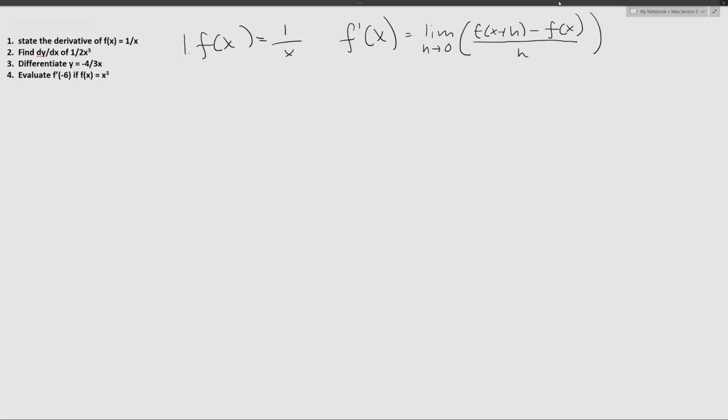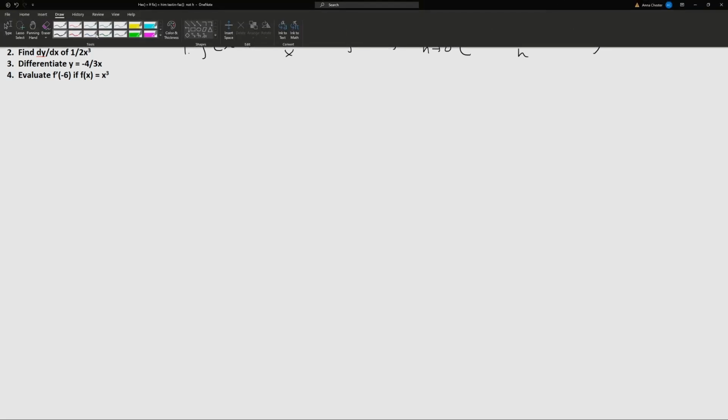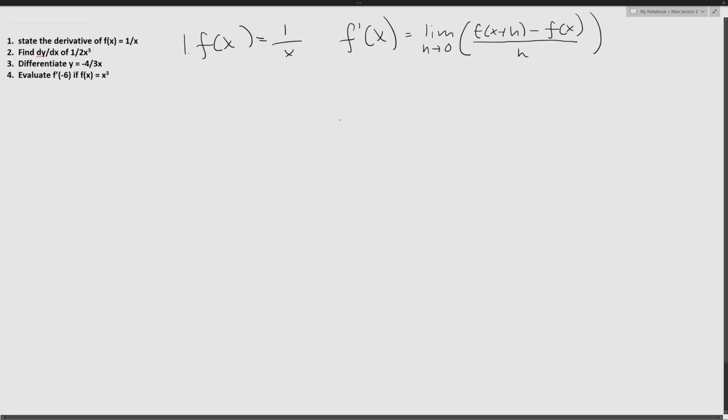So from here, we can actually substitute the values that we know. Let's try to write them in blue and solve for f prime of x. So f prime of x is equal to the limit as h approaches 0 of f of x plus h, which would be, in our case, 1 over x plus h minus 1 over x, and this all is divided by h.